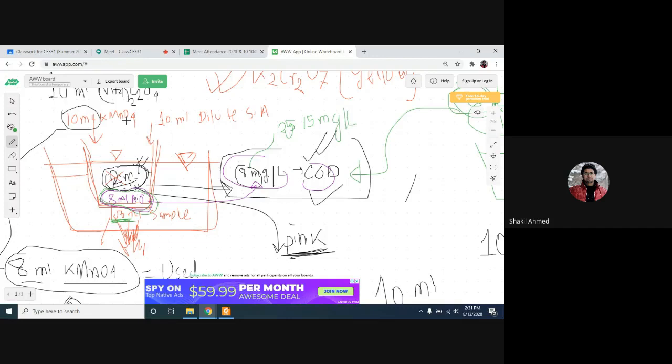Now, if you add 10 ml of potassium permanganate, would there be any potassium permanganate remaining? No, because this is 15. Already all the potassium permanganate has been consumed by this COD. Now you have excess 5 milligram per liter COD maybe. You don't have potassium permanganate. Am I right or wrong?